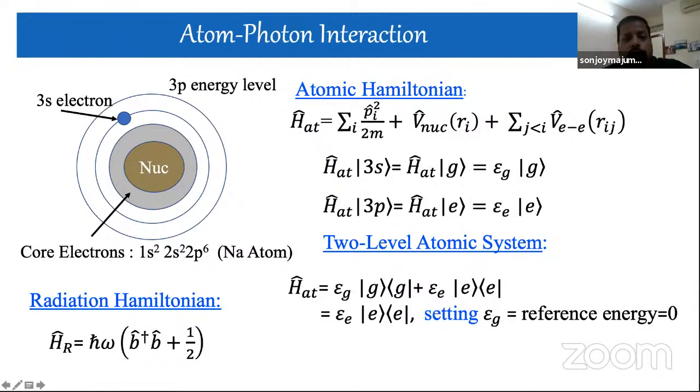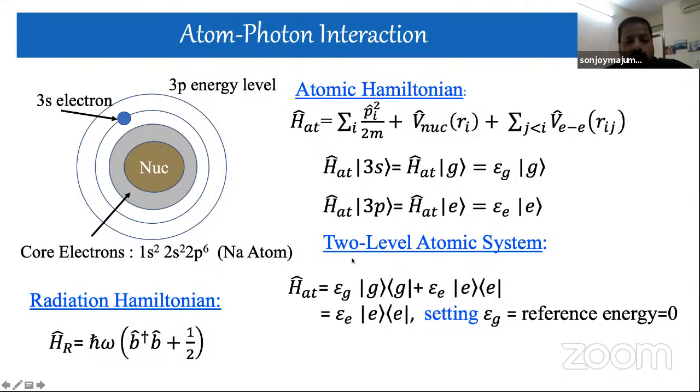If you use that, you will get the eigen energies, which are nothing but the orbital energies for 3s and 3p. Let me designate them as ground and excited, G and E. In the two-level system, the 3s orbital is the ground and 3p is excited, so we designate them G and E.